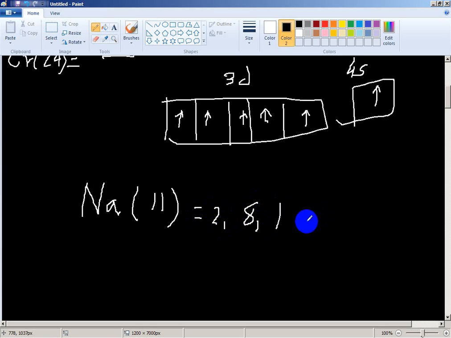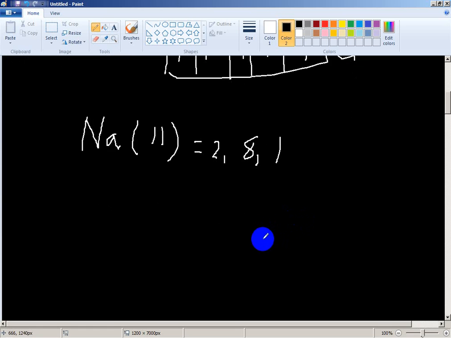Okay, the energy required to remove 1 electron from the outermost shell of an atom of an element in the gaseous state is called ionization energy.